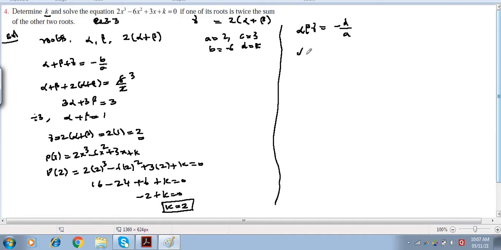Alpha we don't know, beta we don't know, gamma is 2, and minus d by a is minus k by 2. So 2 alpha beta equal to minus k by 2, that is 2 by 2, get canceled. What you get? Alpha into beta equal to minus 1 by 2.